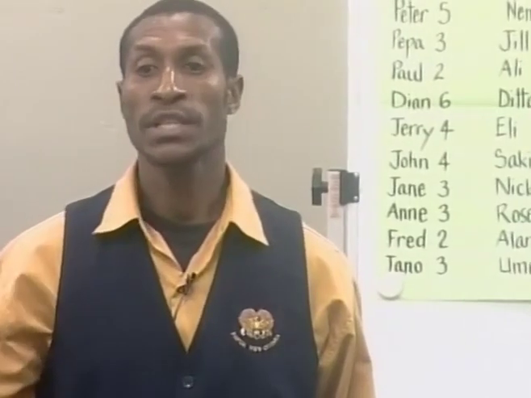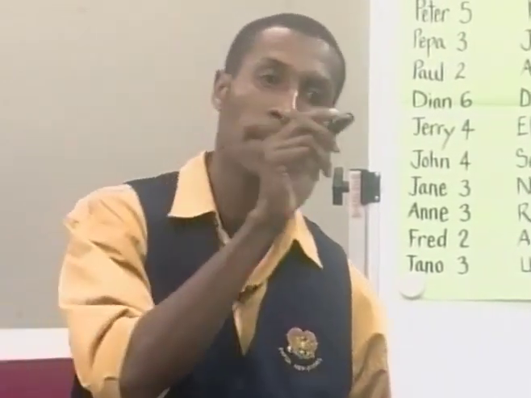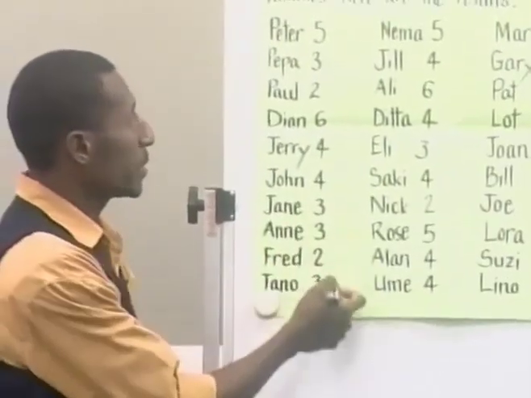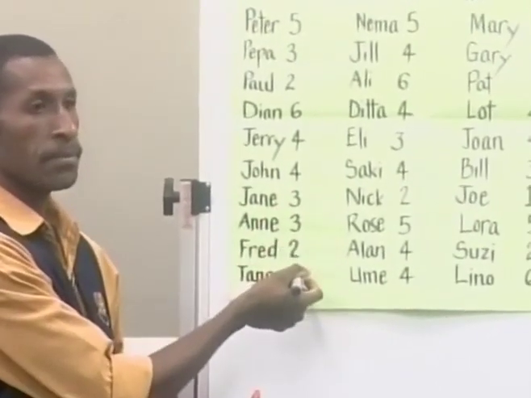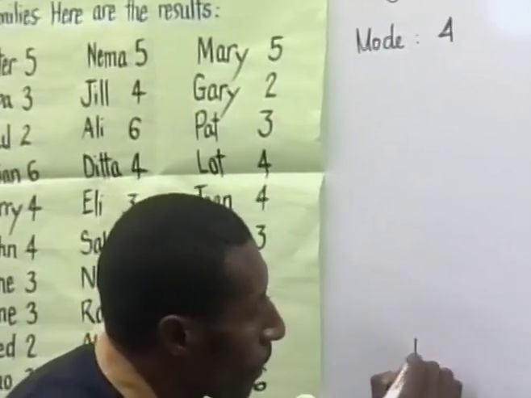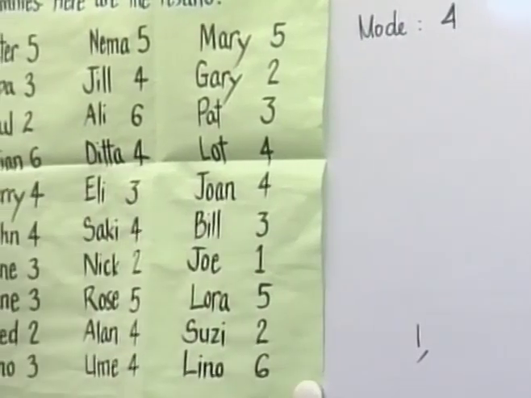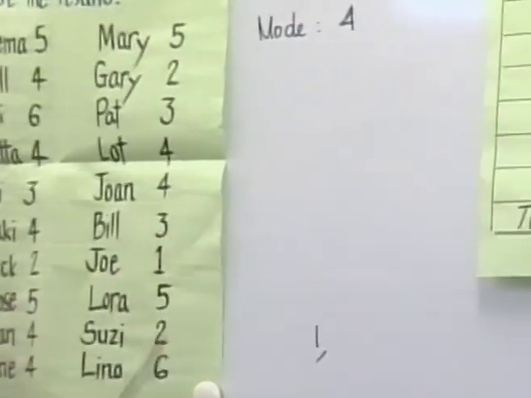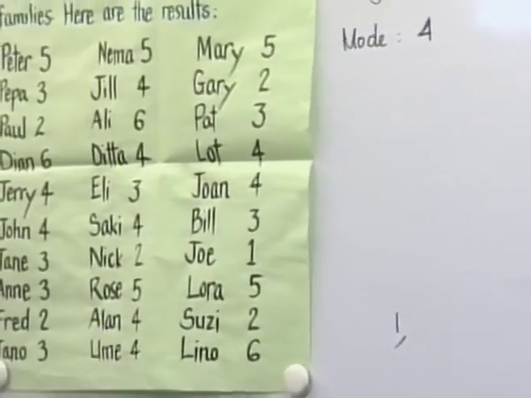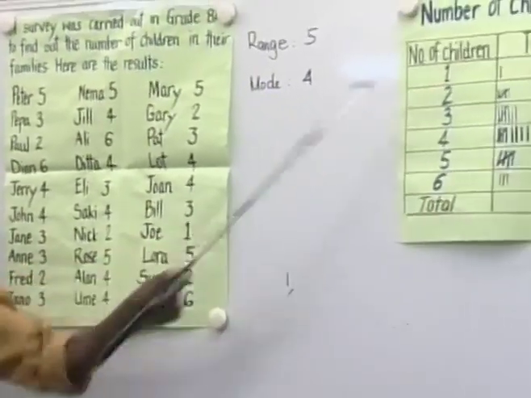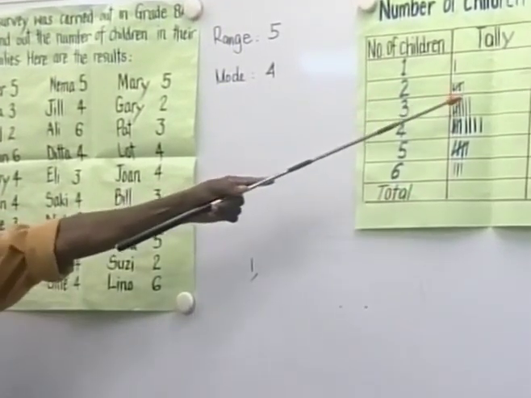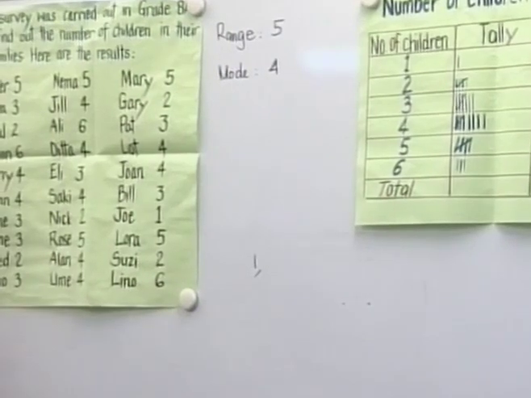We put the scores in order of sizes, which is from smallest to the biggest. So, look at this data. Which score is the smallest? 1. Okay, you can see how many times 1 appears in this data? 1 time only. 2. How many times does 2 appear in this data here? 5.